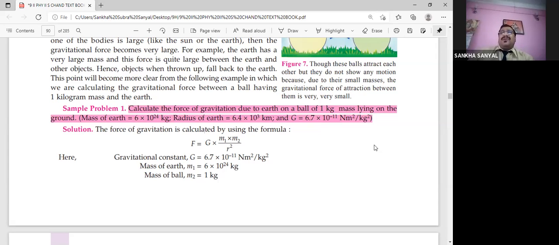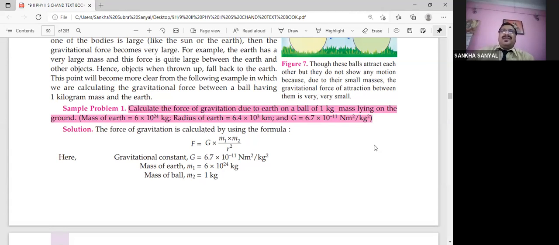But for this particular question, where we will be trying to calculate the force of gravitation, we need to take 6.7 for the simplicity of calculation. This is numerical dependent, nothing to do with the actual value. For the simplicity of calculation, we might do this. But at the end of the day, the value is 6.67 into 10 to the power minus 11 Newton meter square per kg square.